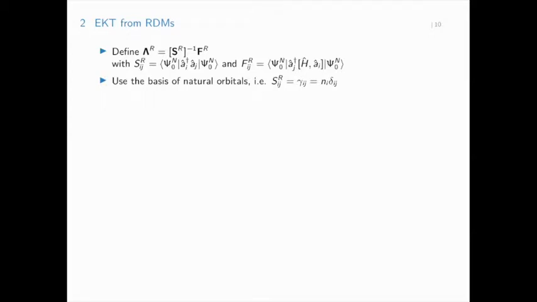Yes, of course, you have to be sure that you can invert this matrix. In principle, a condition for the invertibility of this matrix is that you don't have occupation numbers equal to 0. In practical situations, you never have occupation numbers equal to 0.